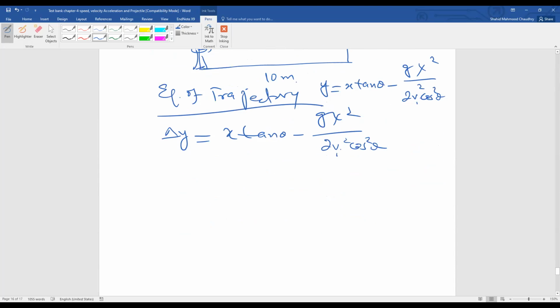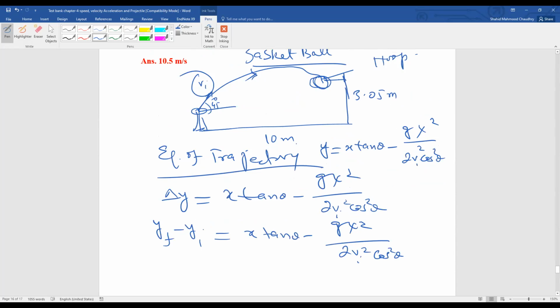So delta y means yf minus yi. So yf is 3.05, so 3.05 minus yi. The man is 2 meter tall. This is 2. x is 10.